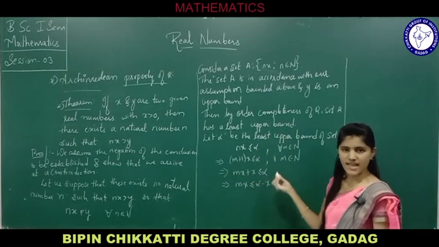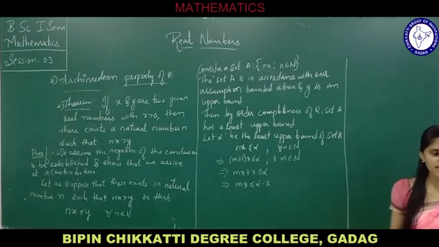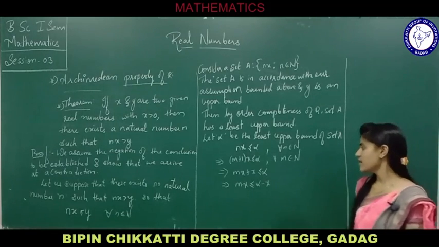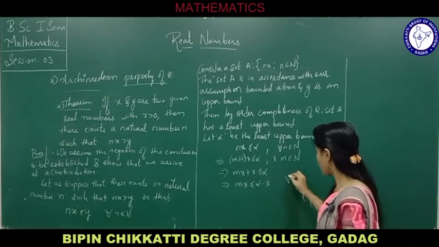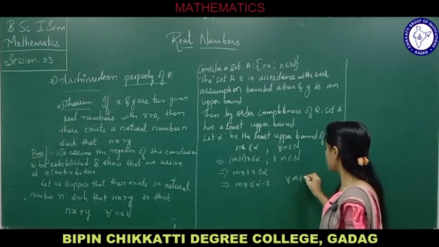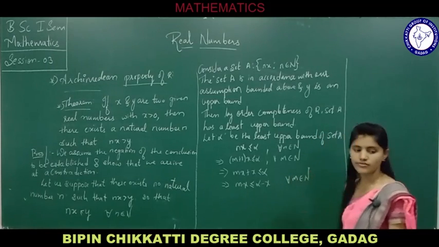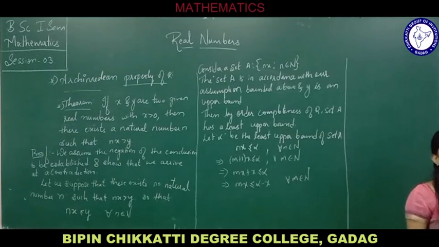That is, plus x I have shifted to this side, so it becomes minus x. So m into x is less than or equal to alpha minus x for all m belongs to this set of natural numbers.